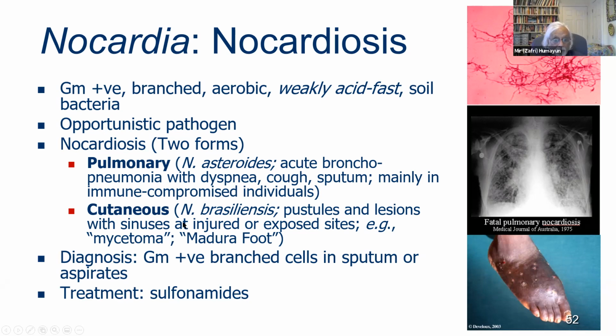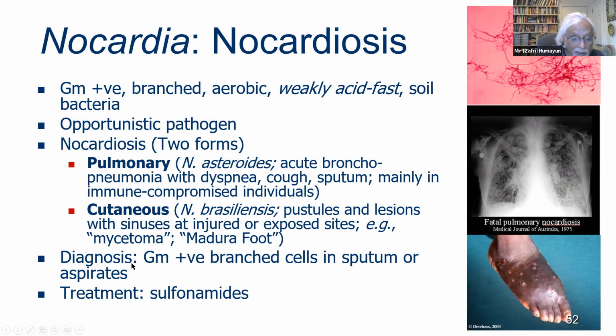Anyway, Nocardia brasiliensis causes the cutaneous disease in extremities when they become susceptible as a result of injury. So typically, this is the disease that is caused occasionally in people doing manual labor, farmers who expose their feet to injury while being exposed to the soil.